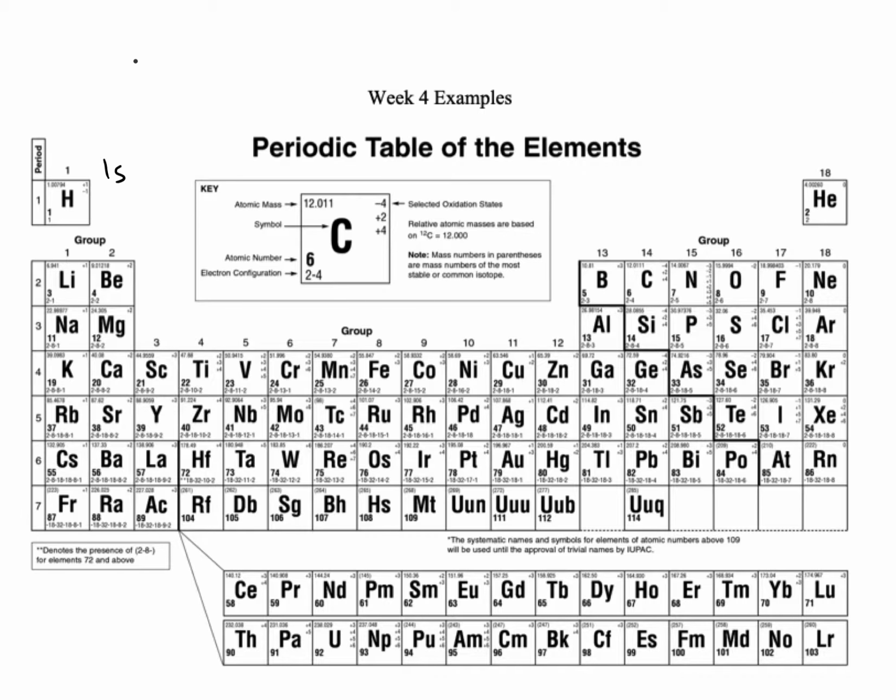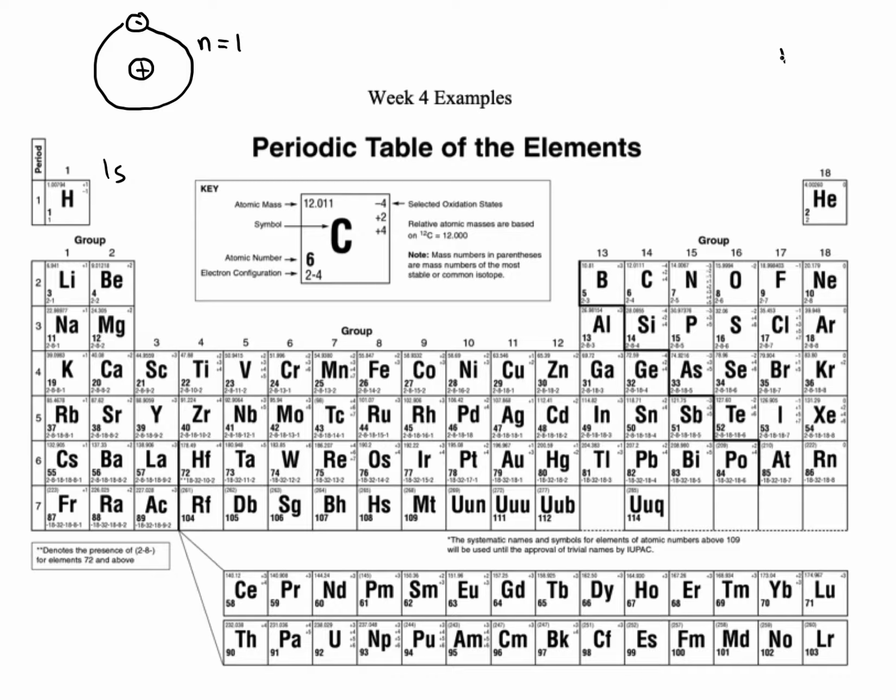If you recall, in the Bohr model of the atom for hydrogen, we said that hydrogen, if it's neutral, would just have a single electron in the n equals 1 shell. So that electron is going to be found in the 1s orbital. That is a spherical orbital with an energy level of 1.